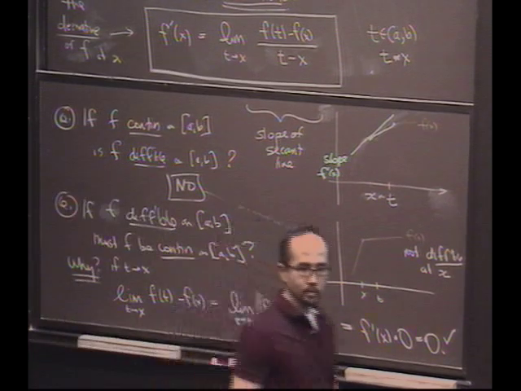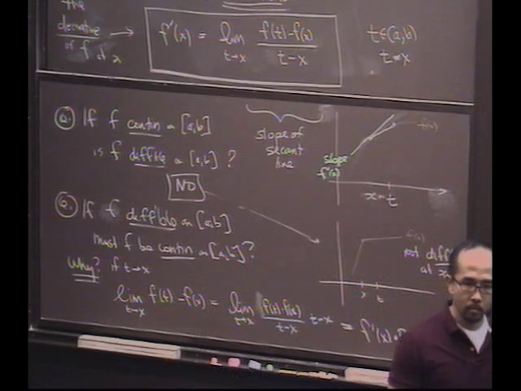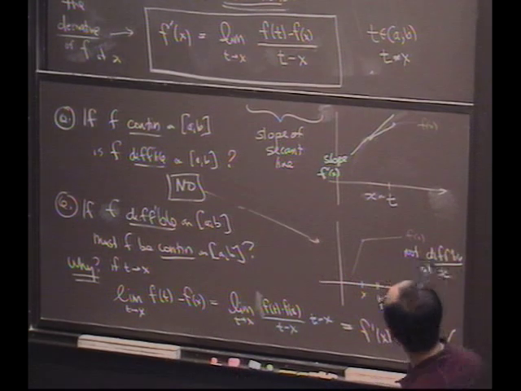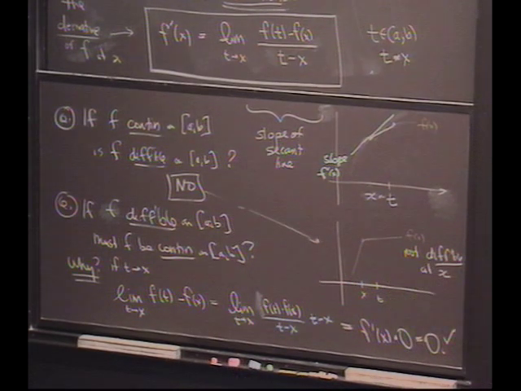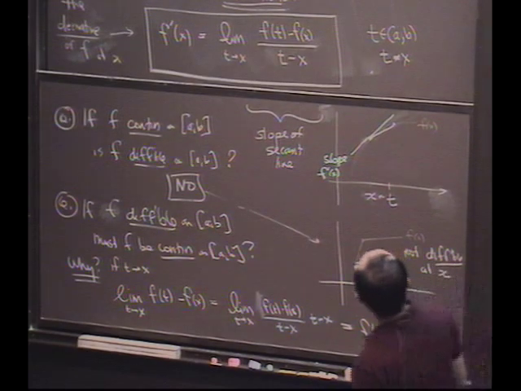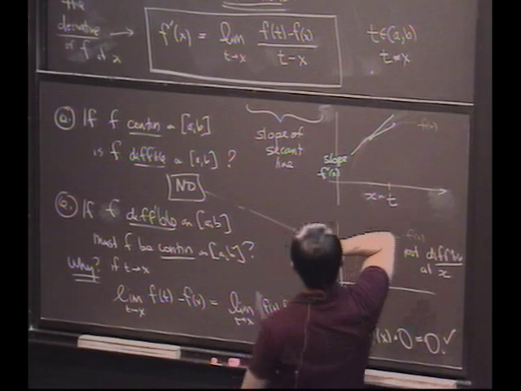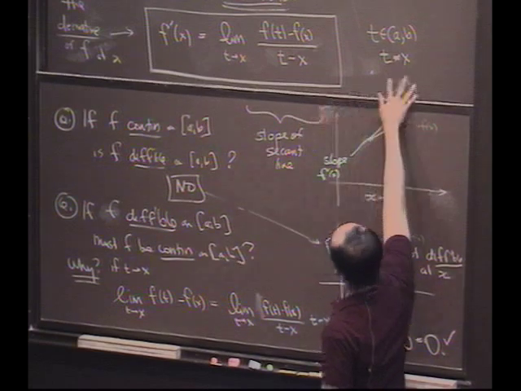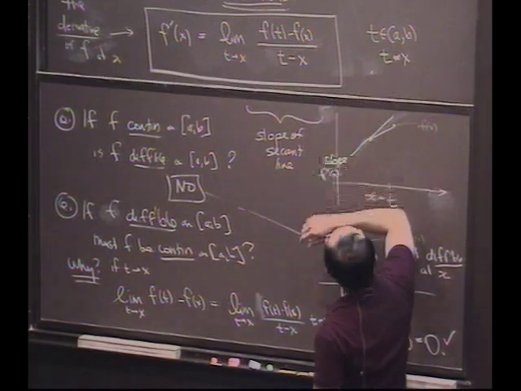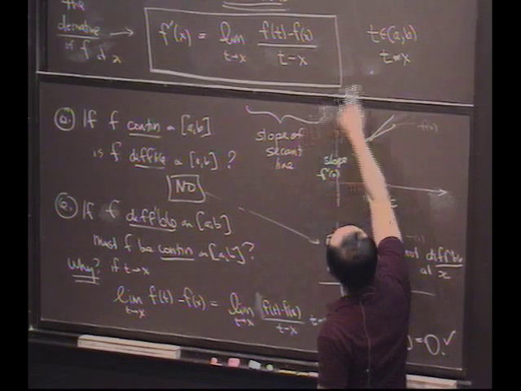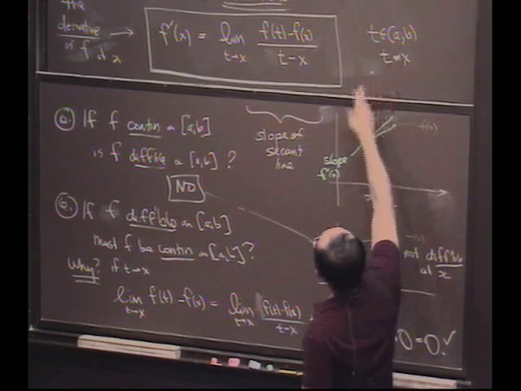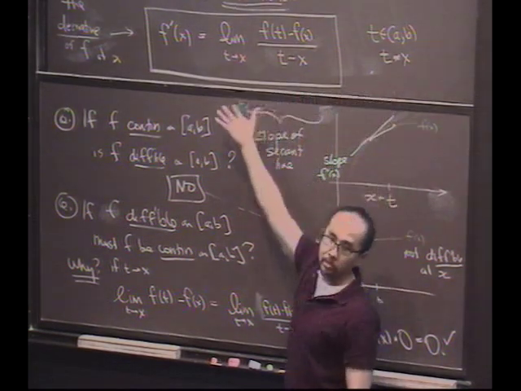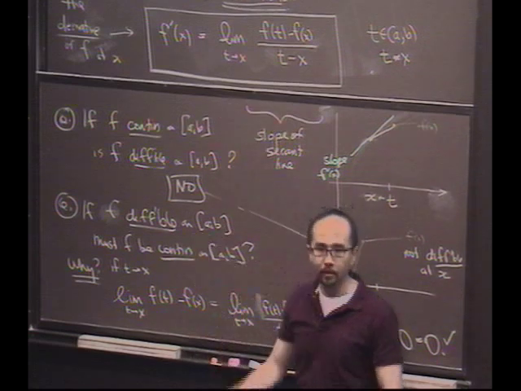Yes? Is there a reason you defined t to be in the open interval while f is defined on the closed interval? Yeah, the only reason here is that if x were an endpoint, you don't want to include the endpoint. But we already defined t not equal to x anyway. Yeah, but if you're inside the interval, then you might as well restrict yourself to an open interval.